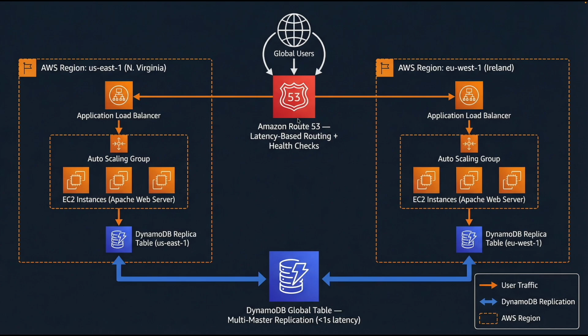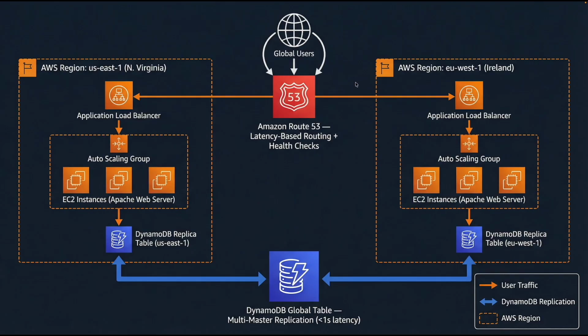If a user is in the US, Route 53 is going to send them to this application here. But if the user is in maybe France, closer to EU West or Ireland, the user is going to be sent to this location.